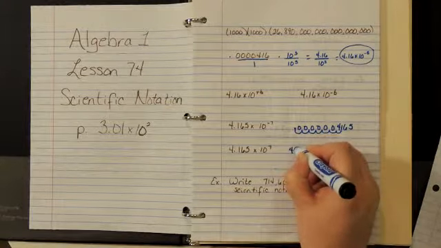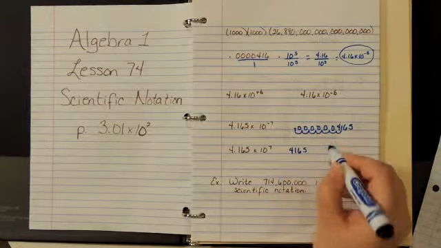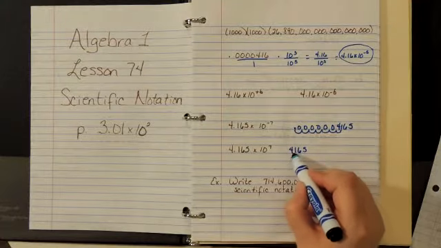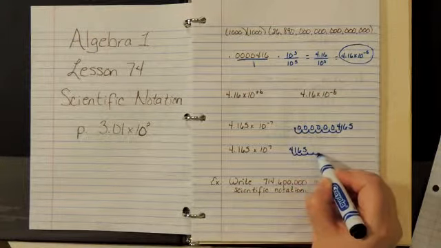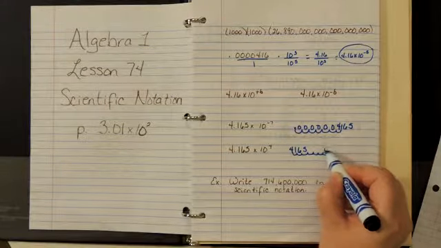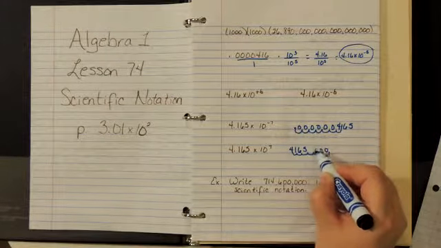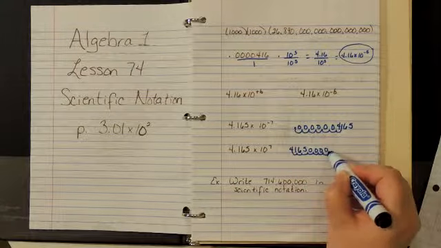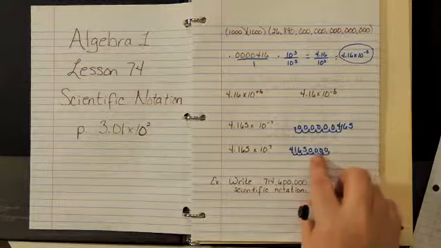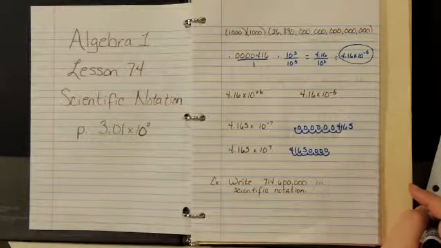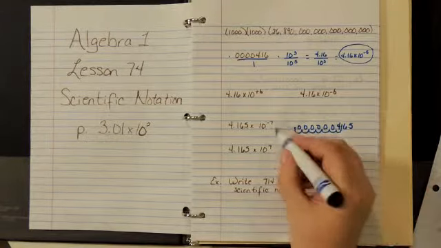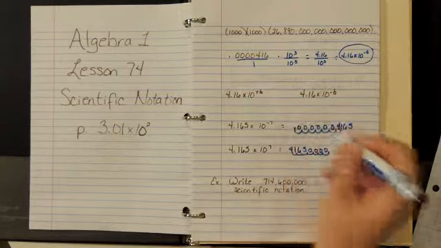So we do 4165, and the decimal is going to move to the right. 1, 2, 3, 4, 5, 6, 7. And there's the decimal. And so this number is 41,650,000. So this equals this.